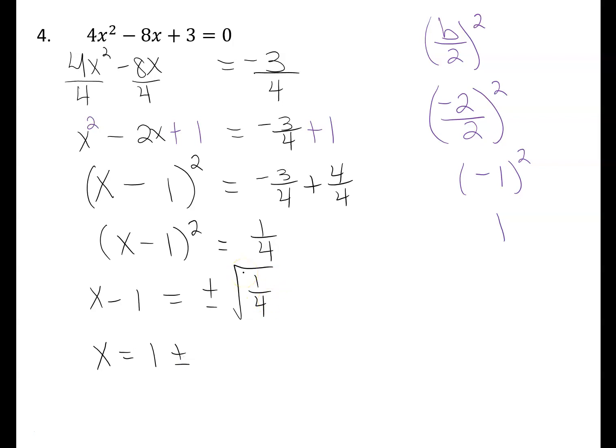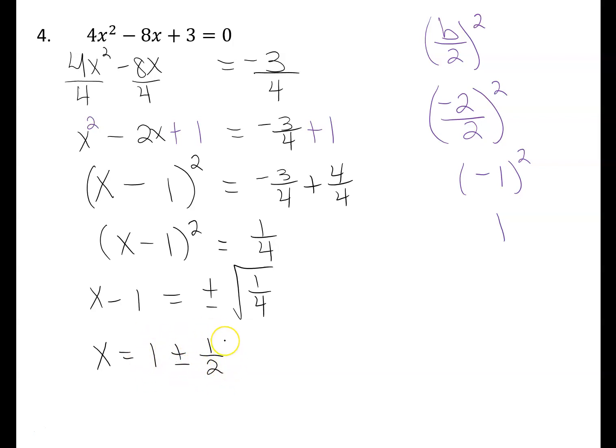1/4 is a perfect square. When we square root the 1 on top, we get 1. And we square root the 4 on bottom, we get 2. And the radical comes off. The radical comes off because both the top and the bottom were perfect squares. So now let's look at what we have here. On each side of the plus minus, we have just a number.